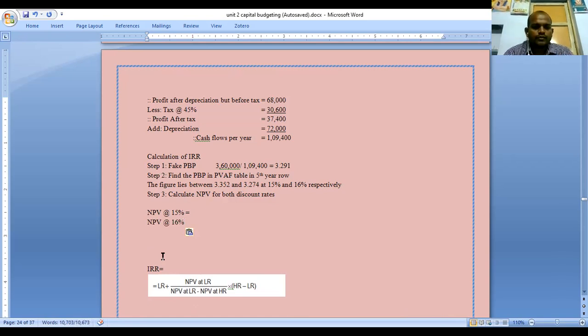So, present value of cash inflows, yearly cash inflows are 1,09,400 into present value factor 3.352 minus 3,60,000.